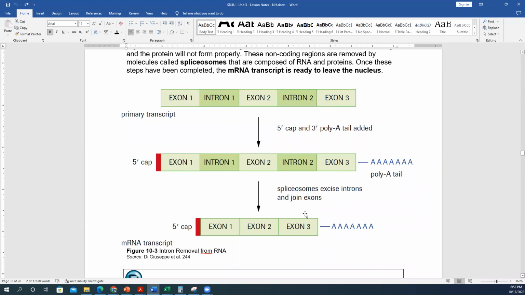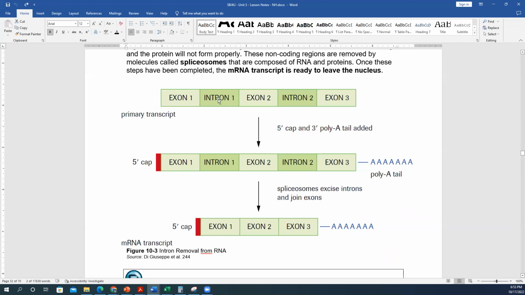And here, the original DNA is made up of exons and introns. These are coding and non-coding regions. The exons are the coding regions, and the introns are the non-coding regions.